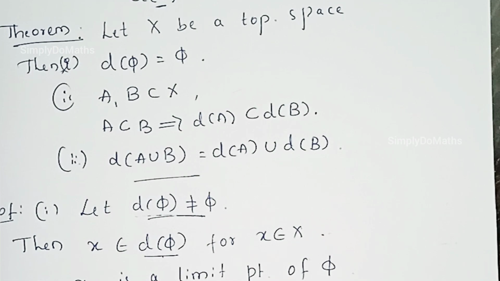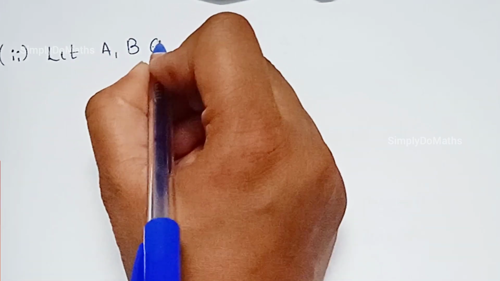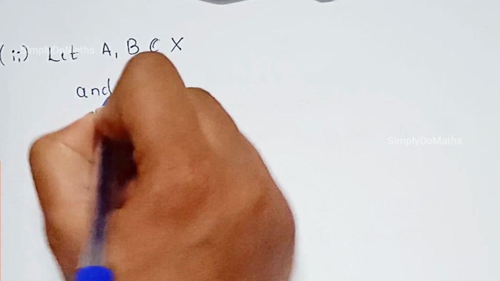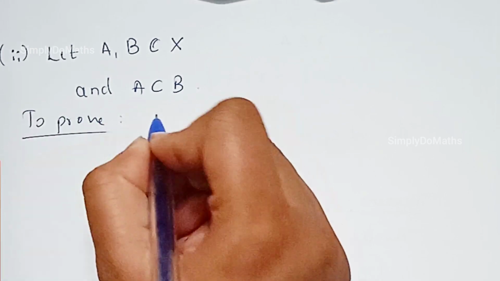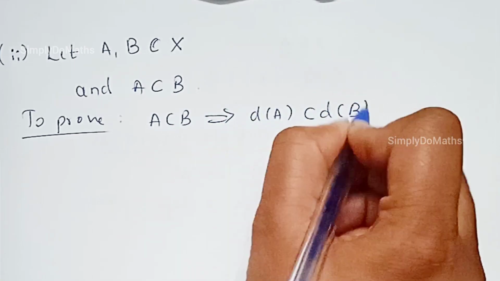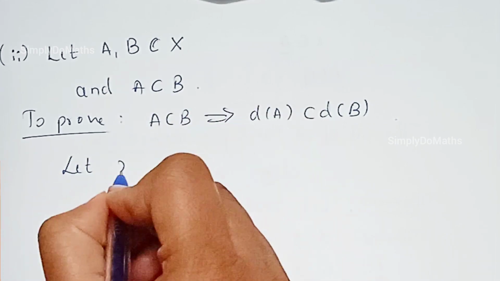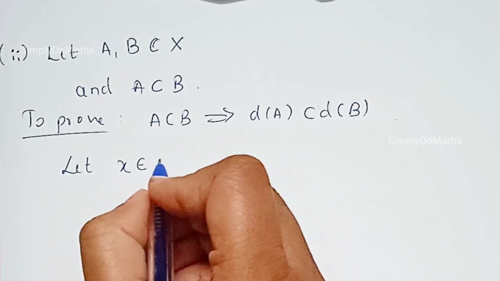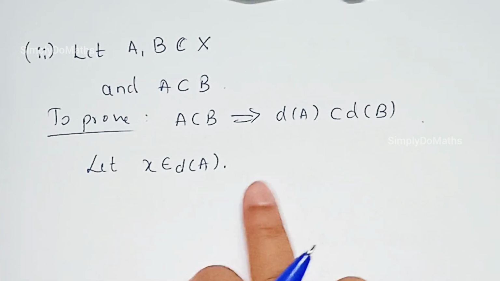Let's prove the second part. We need to consider two subsets of X, and in particular A is a subset of B. We need to prove that if A is a subset of B, then the derived set of A will be a subset of the derived set of B. For the subset condition, let us consider one element, say x, belonging to the derived set of A. As you know, we refer to the concept of set theory for this.